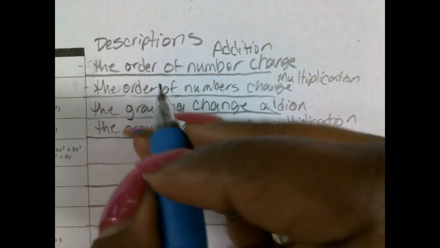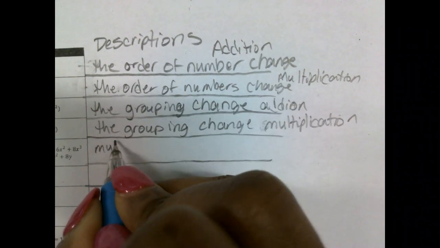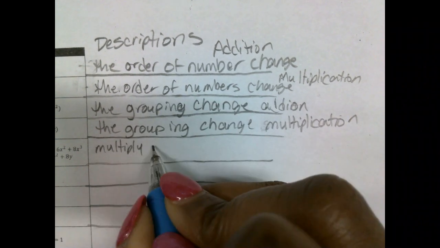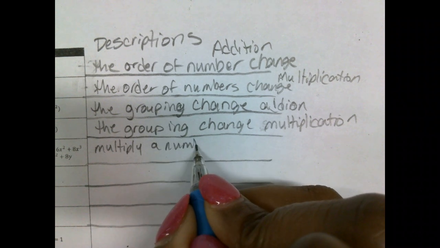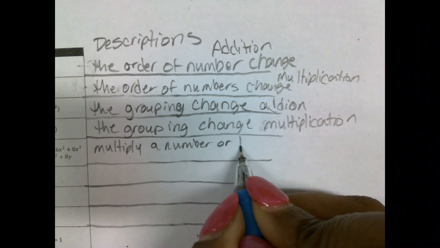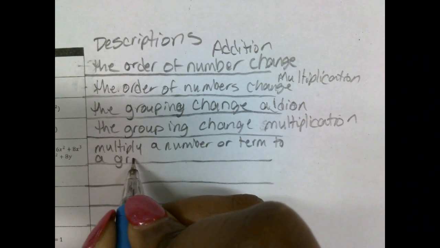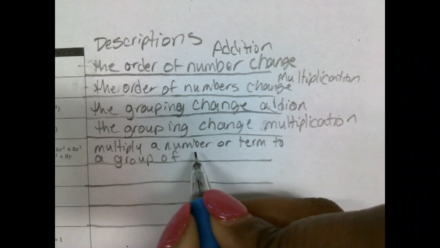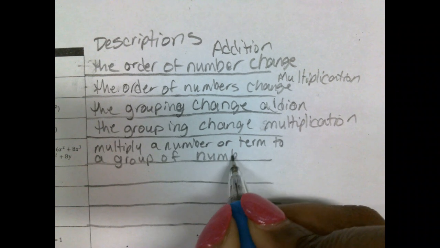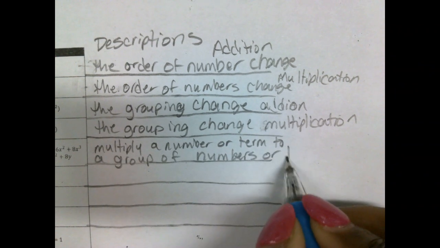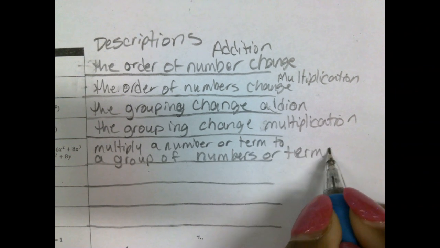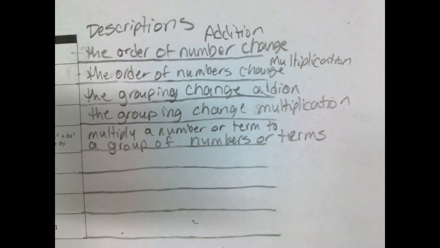So here, you're multiplying a number or term to a group of numbers or terms, right?